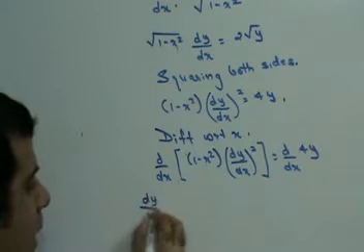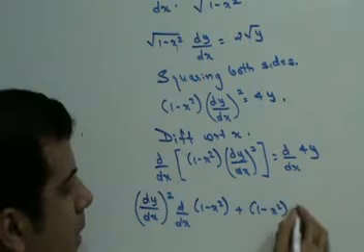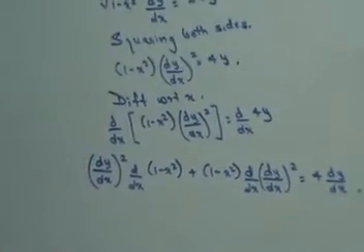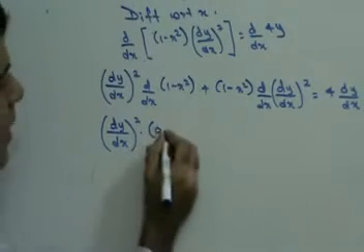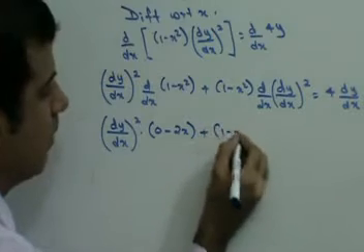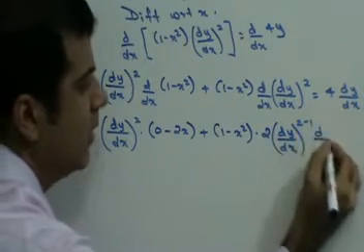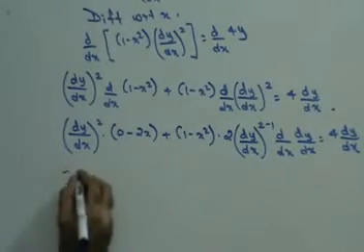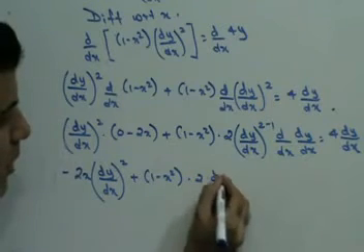Now here you will use the uv formula: v times derivative of u plus u times derivative of v, is equal to 4 dy/dx. So (dy/dx)² into the derivative of 1 − x², where the derivative of 1 is 0 and of x² is 2x, plus (1 − x²) times the derivative of uⁿ, n uⁿ⁻¹ d/dx of u, is equal to 4 dy/dx, that is −2x(dy/dx)² plus (1 − x²) 2 dy/dx.